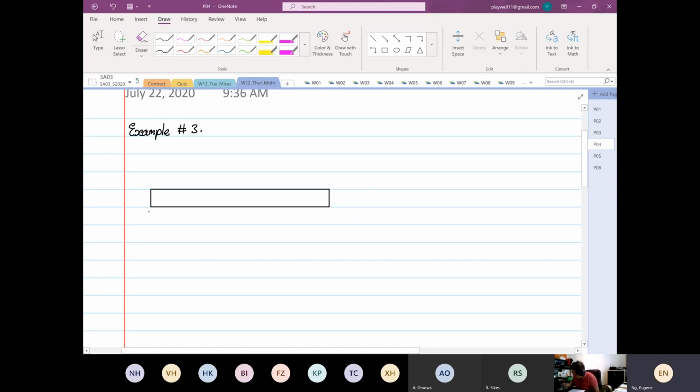So this is a pin on a roller, right? And this is my point A. And then we have an evenly distributed load.